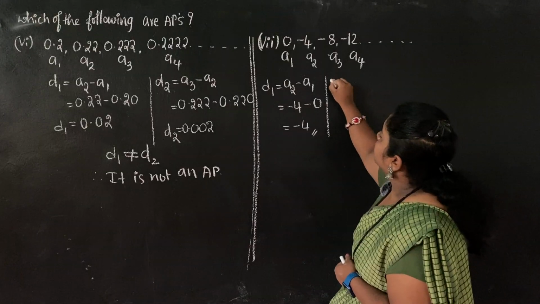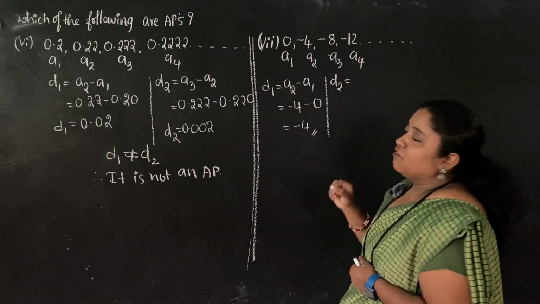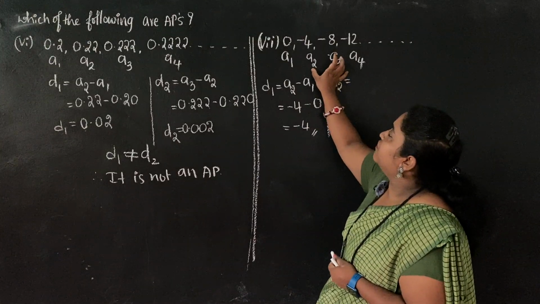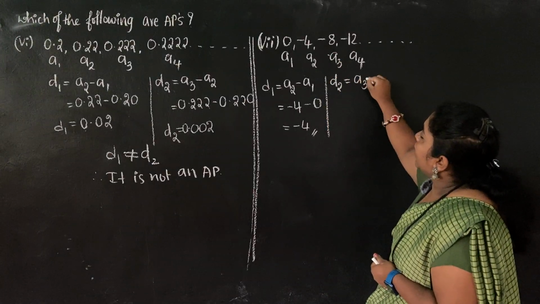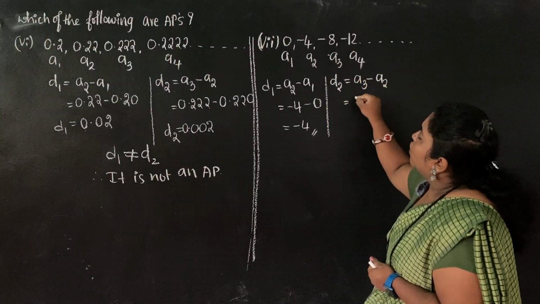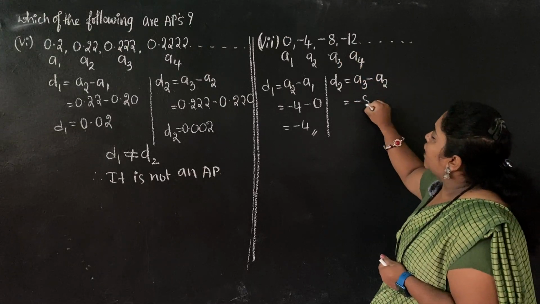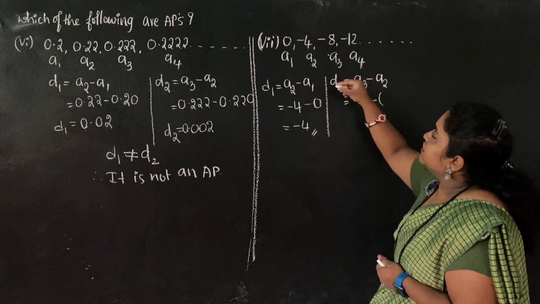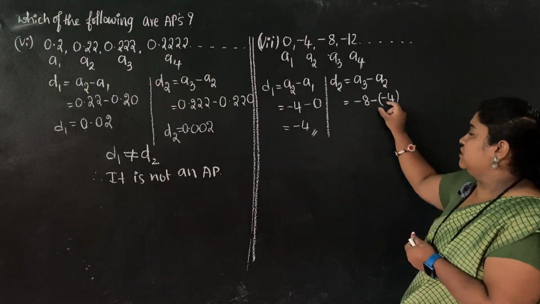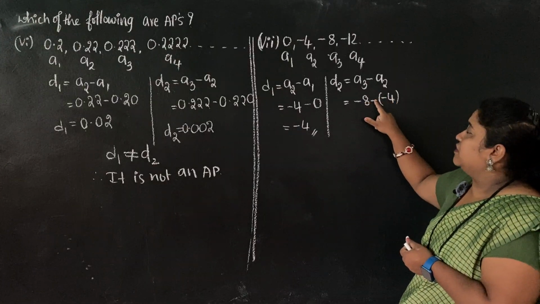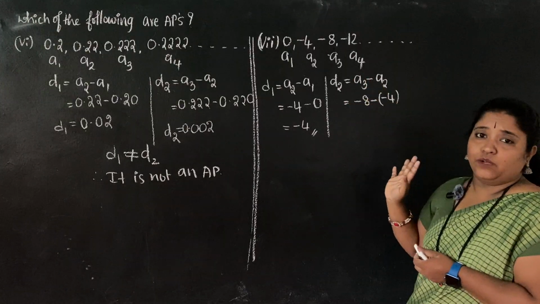Next, let me calculate the D2 value. D2 is the difference between A3 and A2. So I'll write D2 is equal to A3 minus A2. What is the A3 value I have? Minus 8 minus, what is the A2 value? Minus 4. Don't get confused and write a single minus here. This negative is different from the negative with respect to A2.